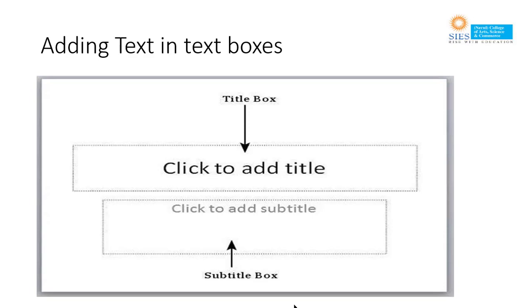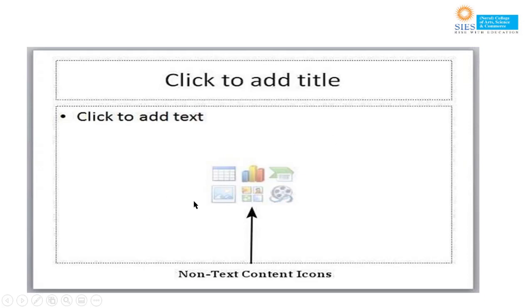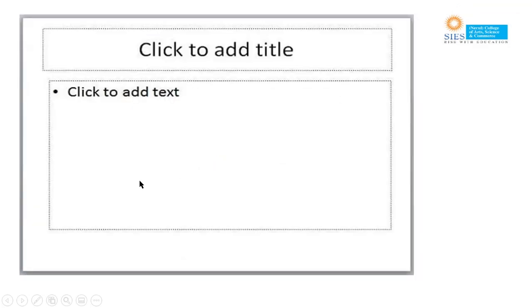As you can see, this box allows you to add text as well as non-text content, that is picture or chart or graph, etc. So to add text to such a box, click anywhere in the box except on one of the content icons in the center and start typing. So this is how you can add.